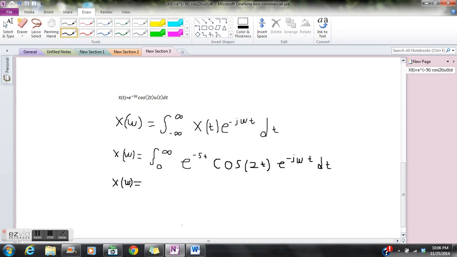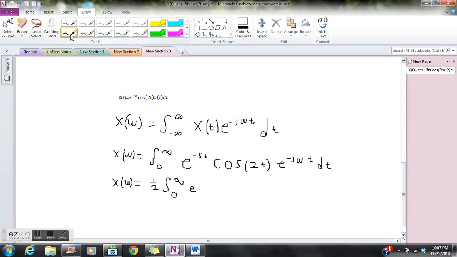All right, so our next step is to break our integration up into two integrals because of the cosine. We can change the cosine into exponentials with e to the 2j, because it's a property.